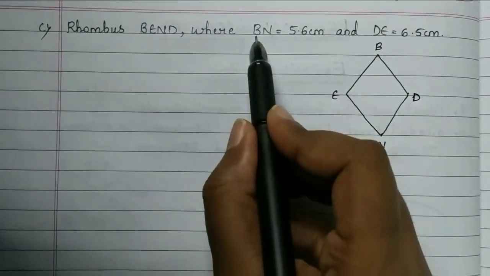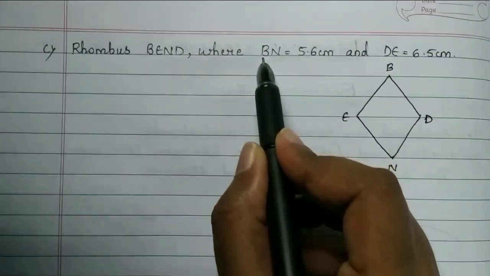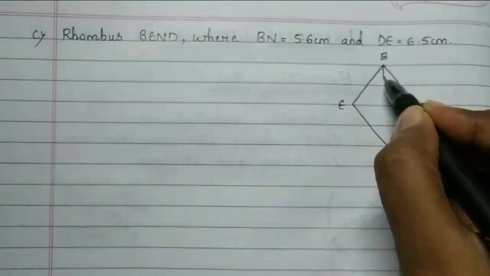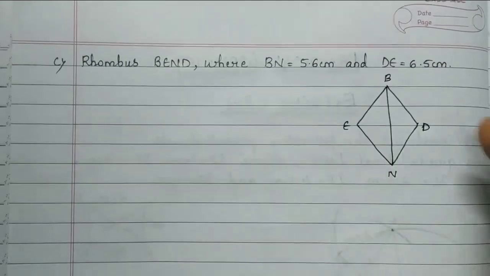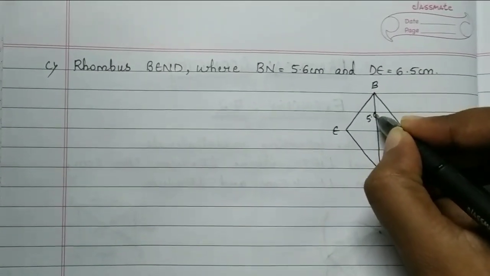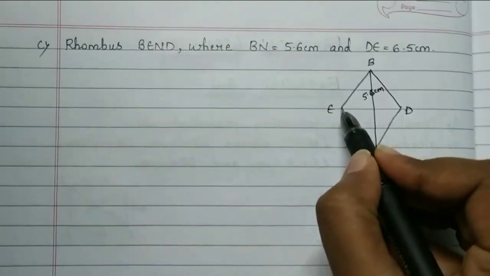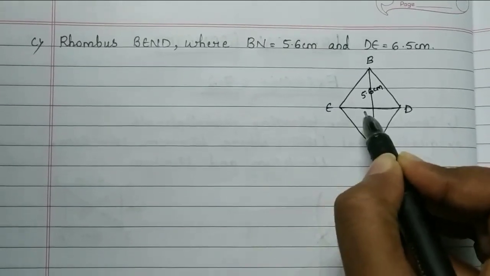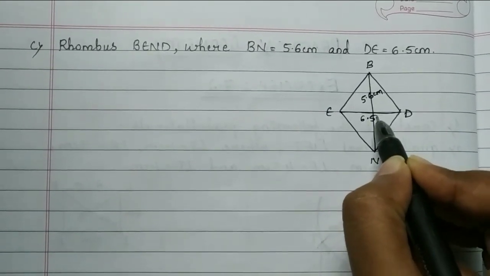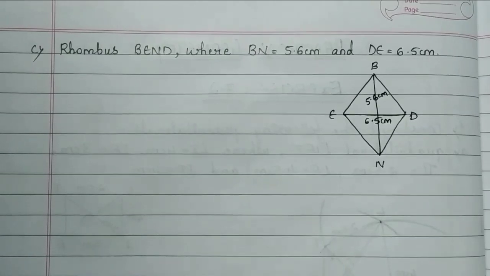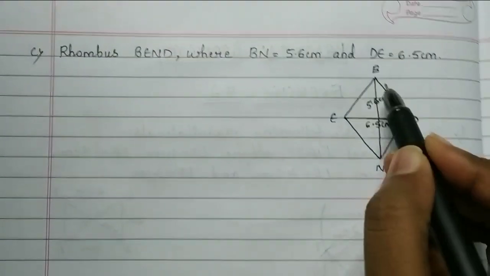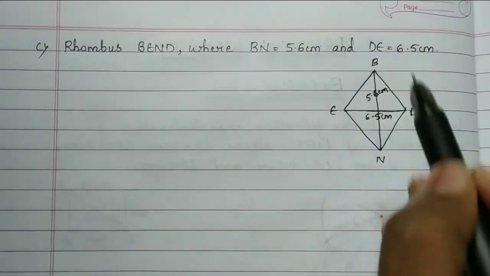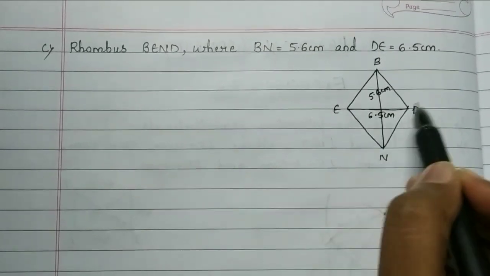Okay, so what is given here, only two things are given, that is BN, this is our BN, it is equal to 5.6 centimeter, and our DE, this length is given as 6.5 centimeter. The sides have not been given, we have to just draw our rhombus using the two diagonals here.